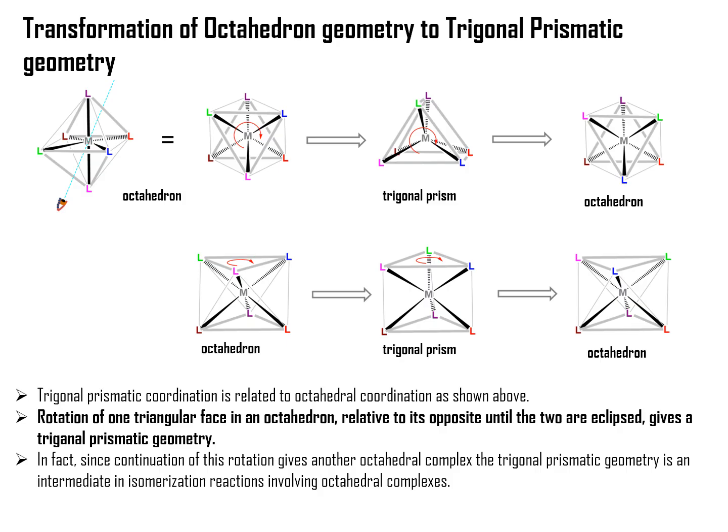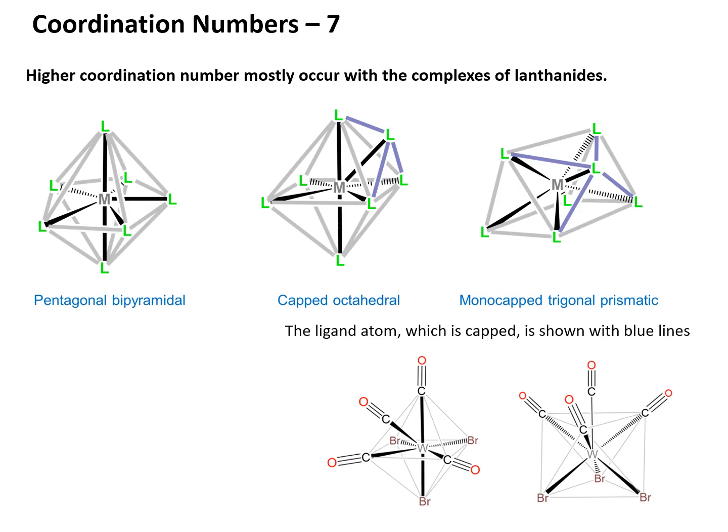After that, many more possibilities are there, coordination number 7, 8, and more. What we can see here is trigonal prismatic geometry, which can be related to the octahedral geometry. If a triangular face of an octahedron rotates relative to the opposite face, it passes through a trigonal prismatic arrangement.